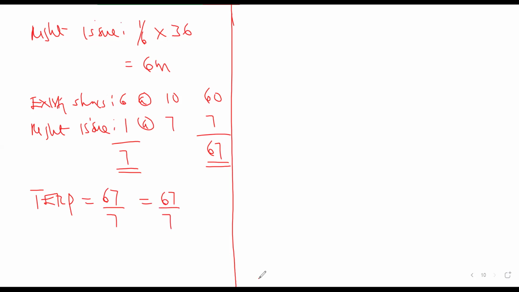So I will show you if you want to separate the two. Let's separate the two. The shares were actually issued at what? The offer price was what? 7, isn't it? Yes, the offer price was 7. If the theoretical ex-rights price is supposed to be 67/7, what would be the bonus one?